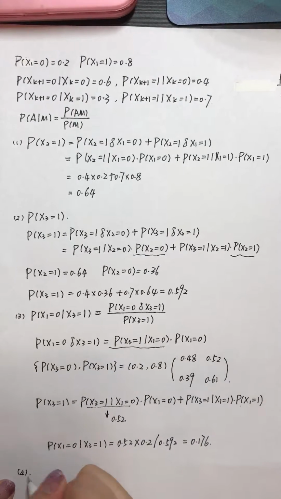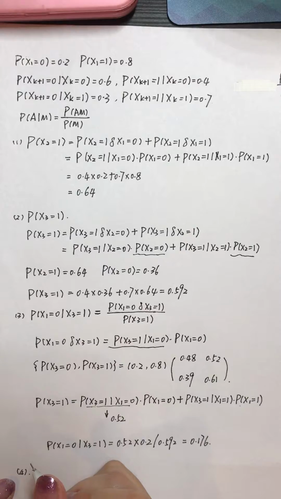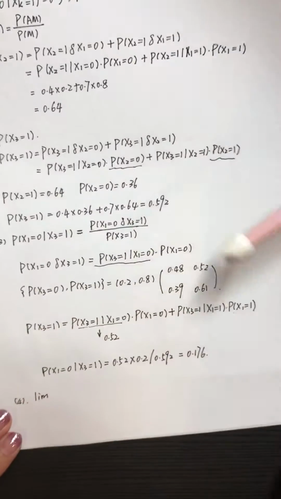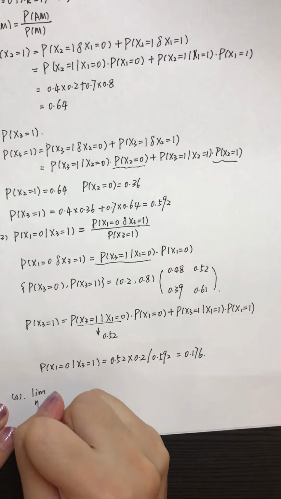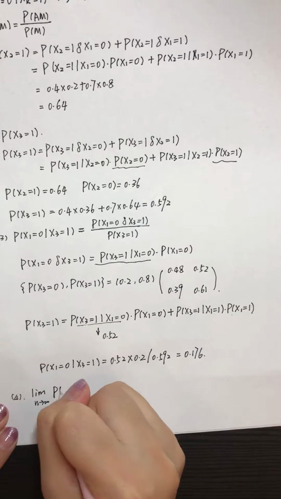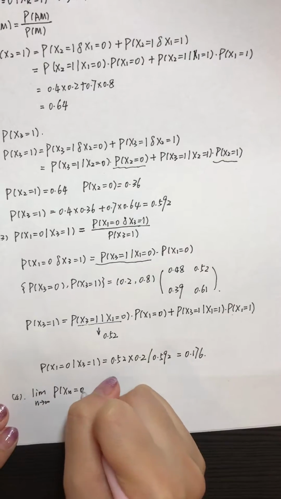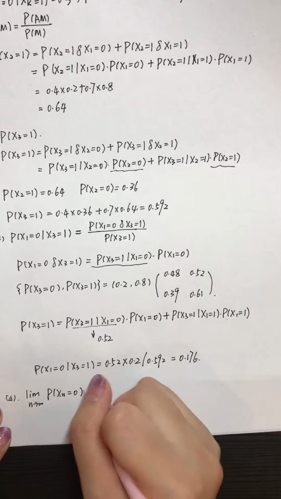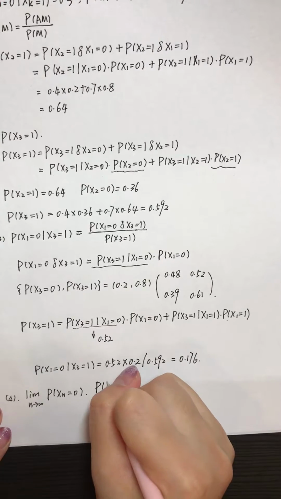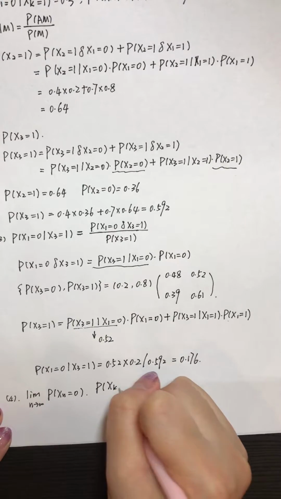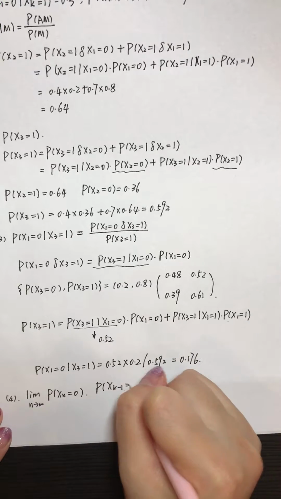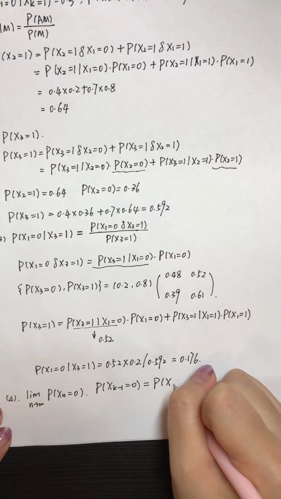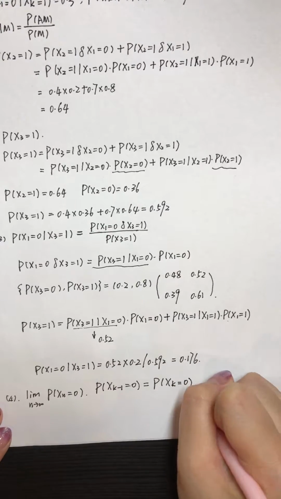The fourth problem is to find the limit of the probability as n goes to infinity of xn equals 0. So we can know that the probability of xk minus 1 equals 0 equals the probability of xk equals 0.